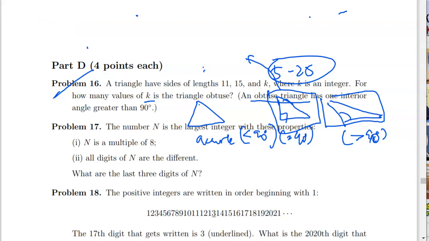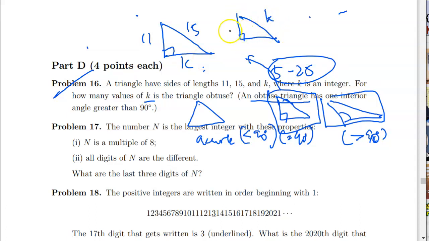Okay, so for right triangles, we will have two kinds of cases. One of them is where 15 is the longest side, and then we have 11, and then there's k. The other case is where k is the longest side, and then 11 and 15.